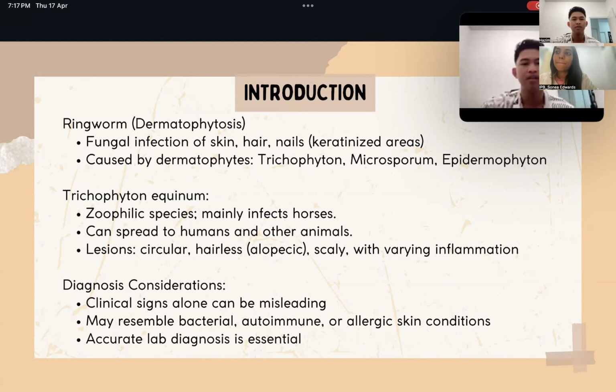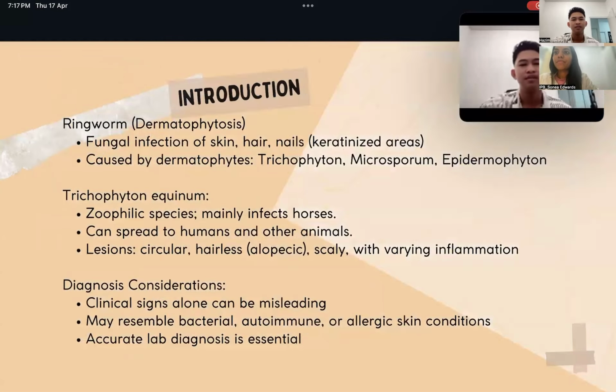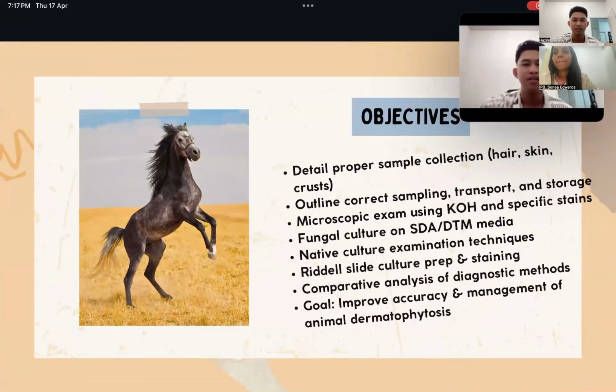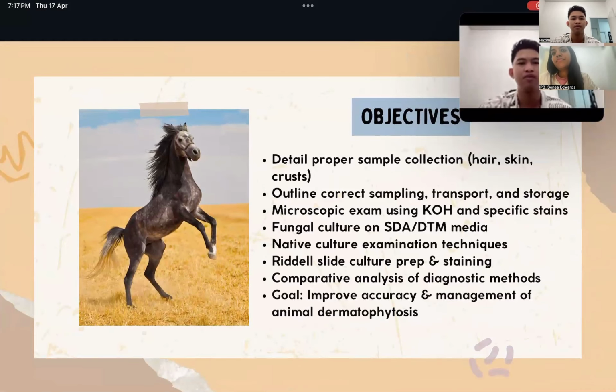So next, the objective of this paper is to provide a diagnostic protocol for Trichophyton equinum infection by detailing proper sample collection of hair, skin, and crust, correct sampling, transport, and storage, microscopic examination technique using KOH and stain, fungal culture procedure on SDA or DTM media, native culture examination method, riddle slide culture preparation and staining, and comparative analysis of diagnostic results.